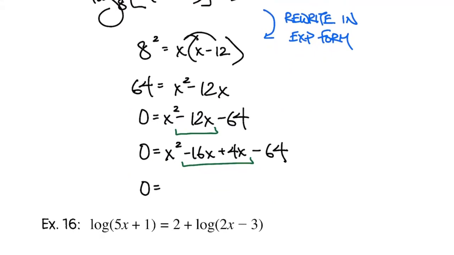And if we did that and we grouped, what's the greatest common factor here? And what's the greatest common factor here? I think we get x times x minus 16 plus 4 times x minus 16. Those two are the same, thank goodness.